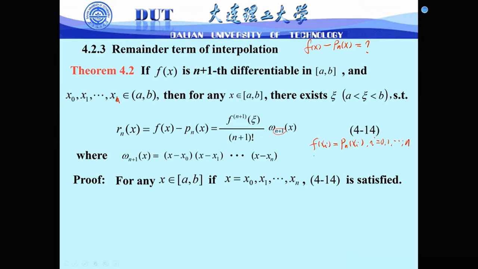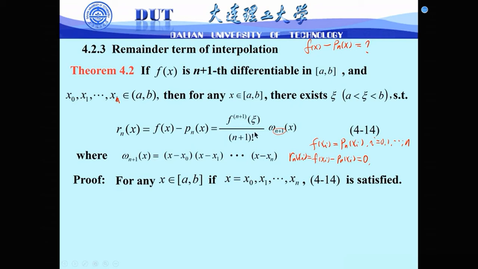So that means f(xi) minus Pn(xi) equals Rn(xi) equals 0, right? Here you see (xi minus x0), (xi minus x1), (xi minus xn). At least one term is xi minus xi, so it is 0, right? So if we just consider the nodes, then the remainder is just 0. So this formula is satisfied.